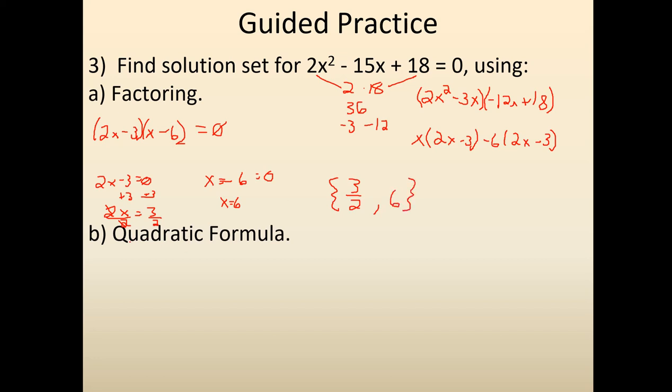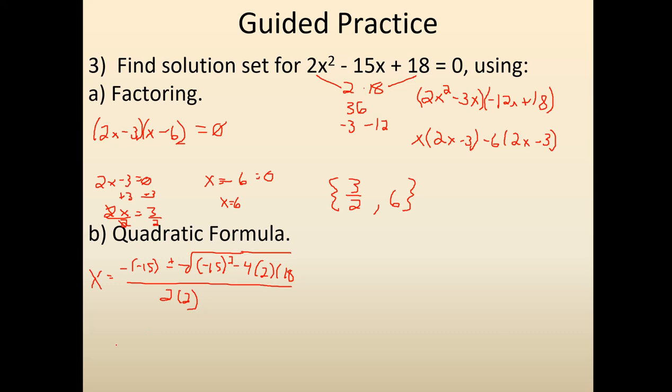So just double checking with the quadratic, now I'm going to use this original one, negative b plus or minus the square root of b squared minus 4 times a times c all over 2a.